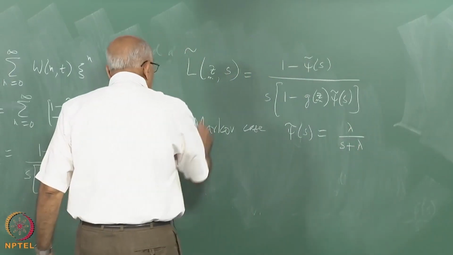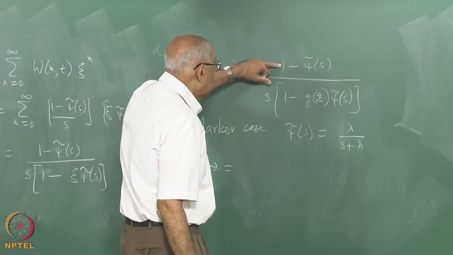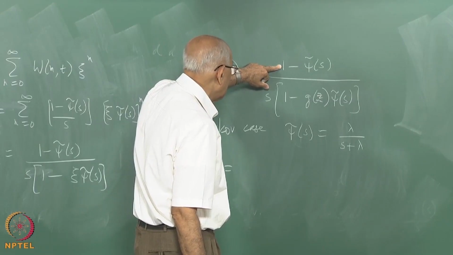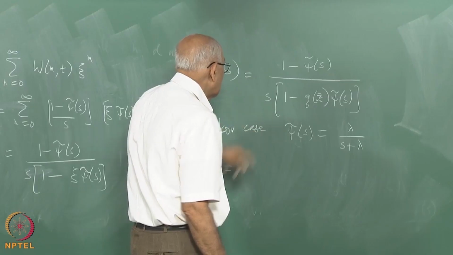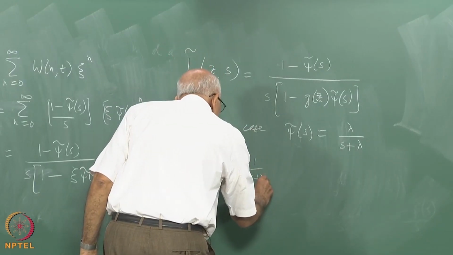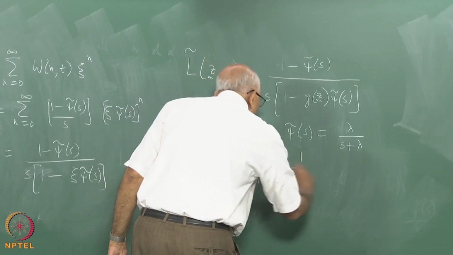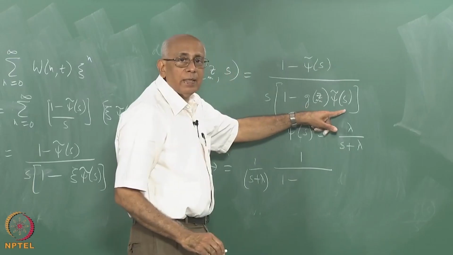So what does this give you for L? This is equal to 1 minus this guy is s over s plus lambda, and the s cancels out, so it is 1 over s plus lambda times 1 over 1 minus g of z psi tilde of s.